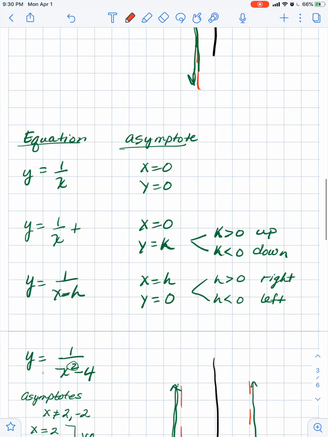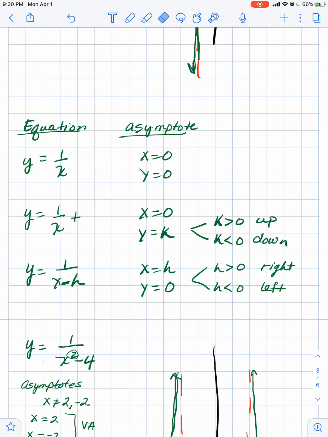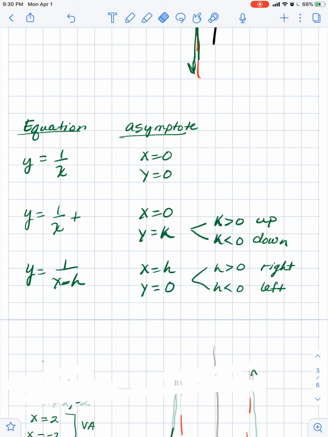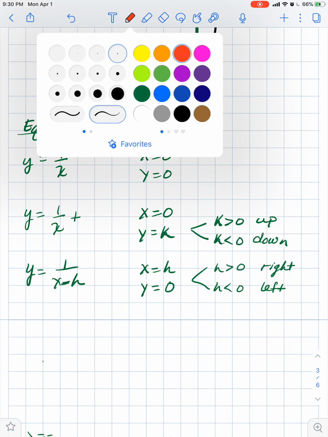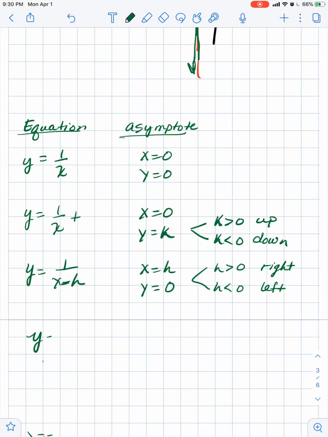Okay, so we can come back up to our notes, not problems. But if we have y equals 1 over x squared minus k, okay, then our asymptotes are going to be x equals plus or minus the square root of k, right?